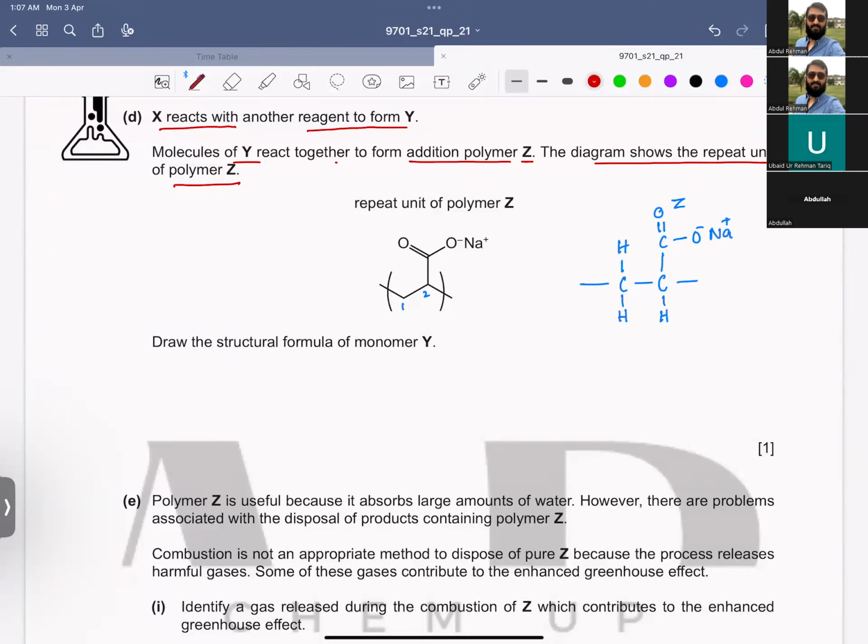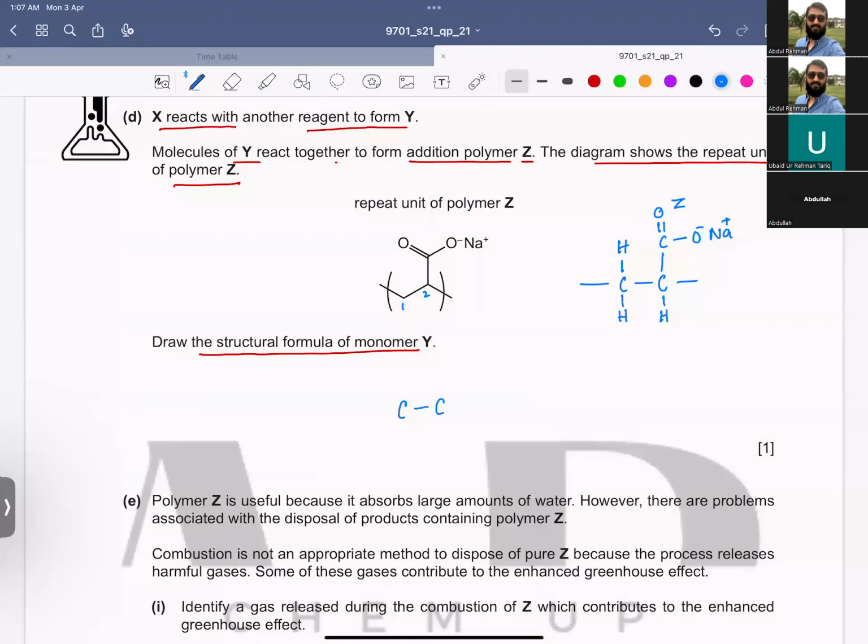Now draw the structural formula of monomer Y. If it's an addition polymer, an addition polymer is always made from a compound or molecule having a carbon-carbon double bond. So if you have to draw the monomer of the addition polymer, you first identify the repeat unit.